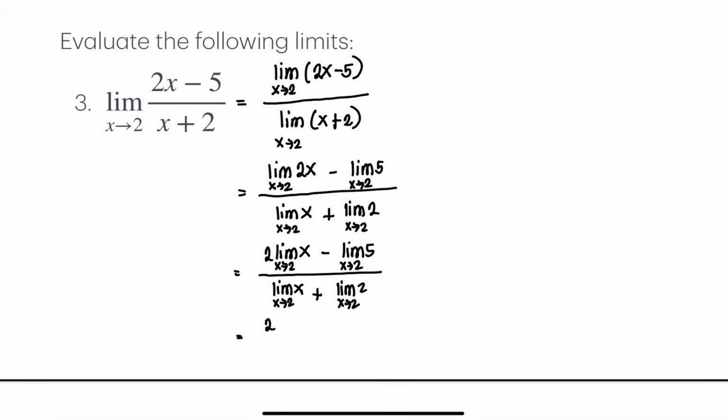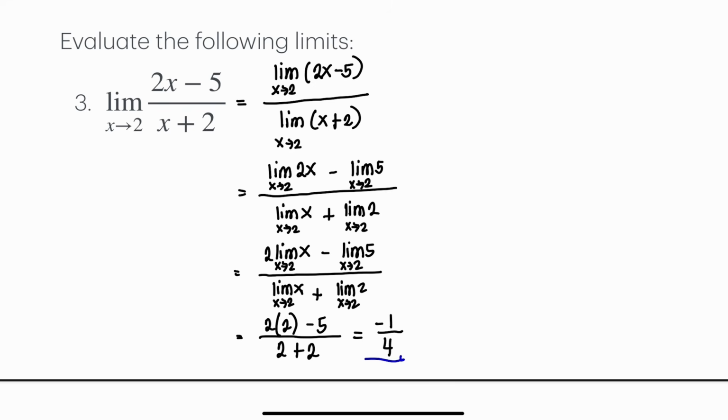That would now be equal to 2 times 2 minus 5, whatever value that x approaches, the limit of a constant is just the constant itself, divided by 2 plus 2. And so this is 4 minus 5 divided by 4. Our answer is negative 1 over 4.